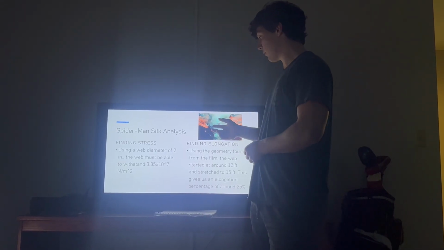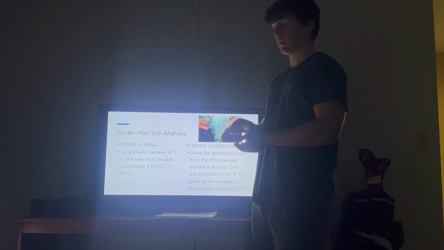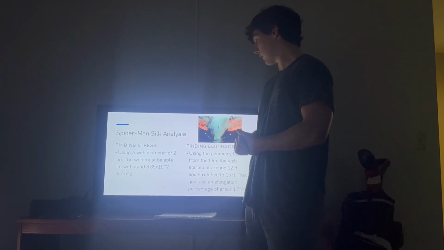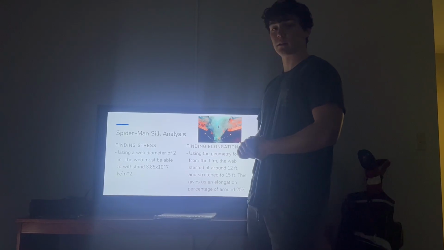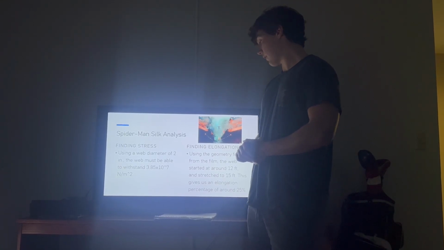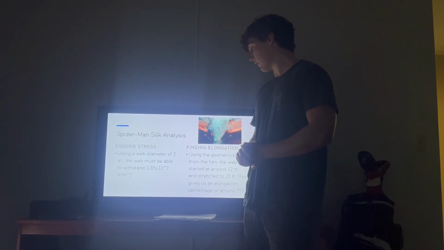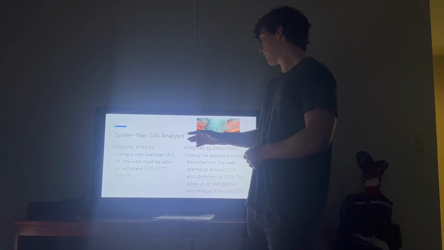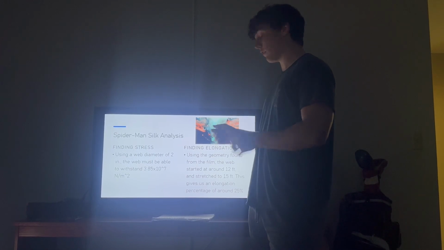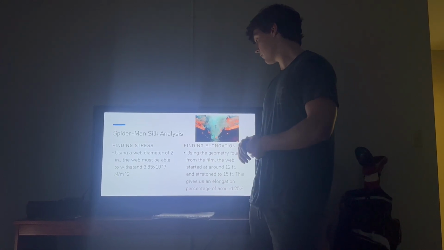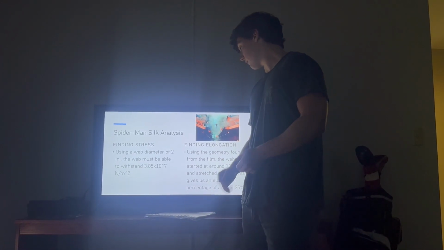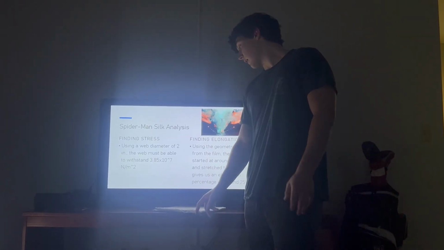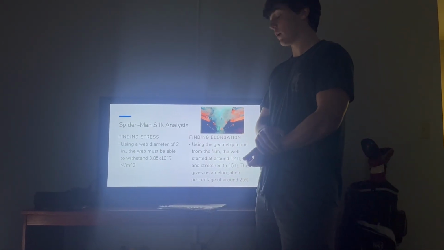Then for the force, converting the tons to kilograms and multiplying by the gravitational constant, I found that it took over 4.9 times 10 to the 7 newtons. So there's a lot of force being pulled on the web, and such a small area. I found that the stress needed to withstand is around 3.85 times 10 to the 7 newtons per meter squared.